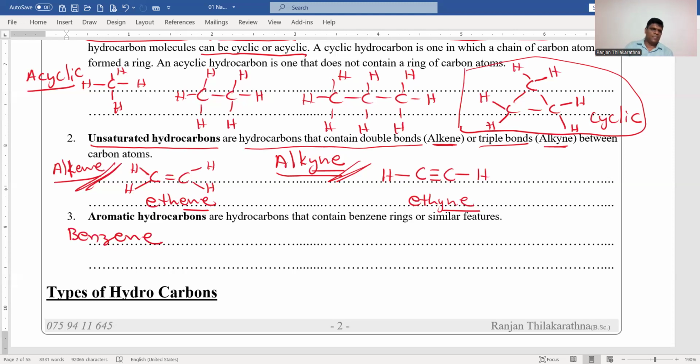Benzene is written like this. Later we study why benzene has this structure. For now you need to know that you draw a hexagon and draw a circle inside it. Those are called aromatic hydrocarbons.